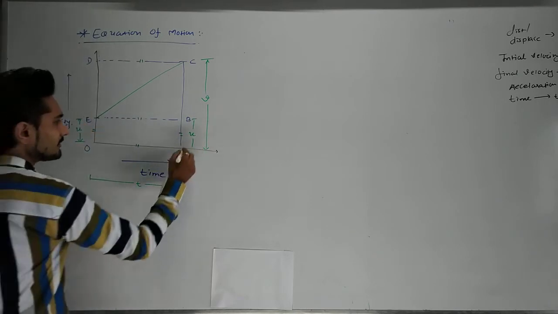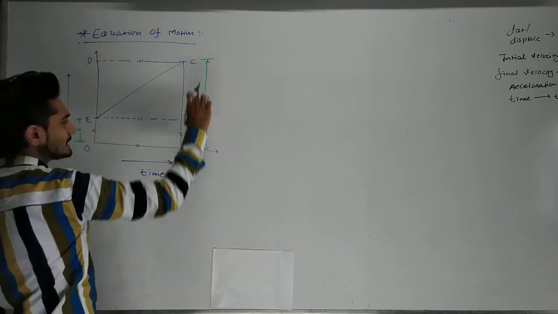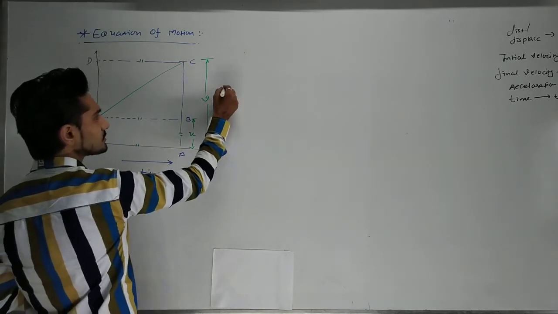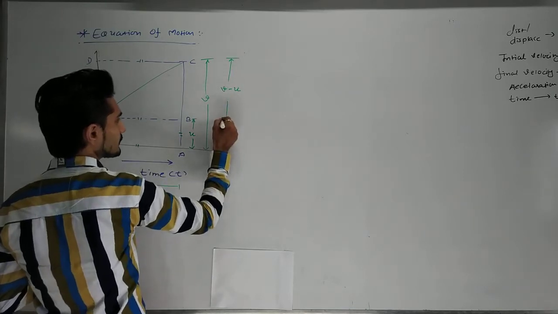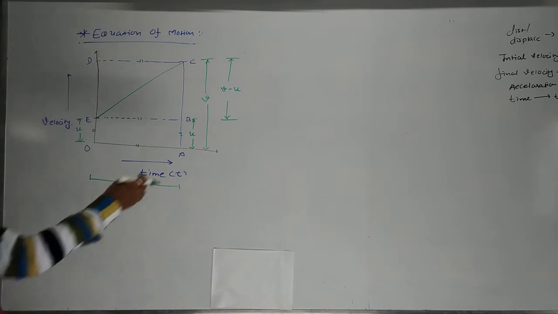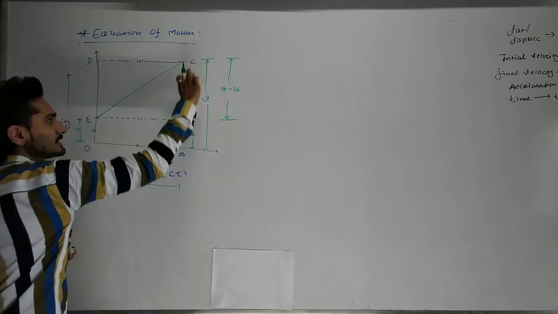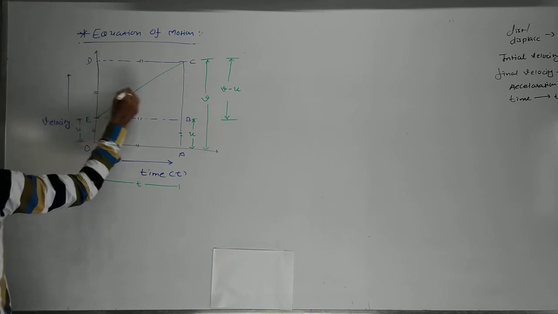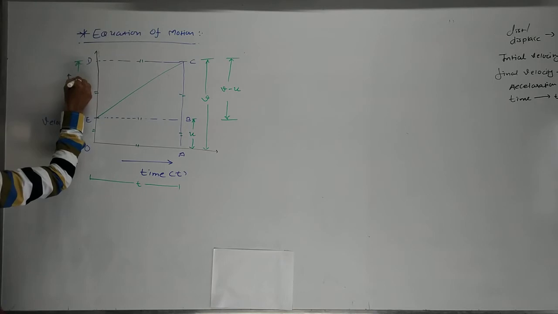Okay, and now if I want to measure CB, how can I measure that? If I subtract BA from CA, then it gives us the change in the velocity. It is called v minus u. So CB is v minus u, and this line is the same as this, so it is also v minus u.